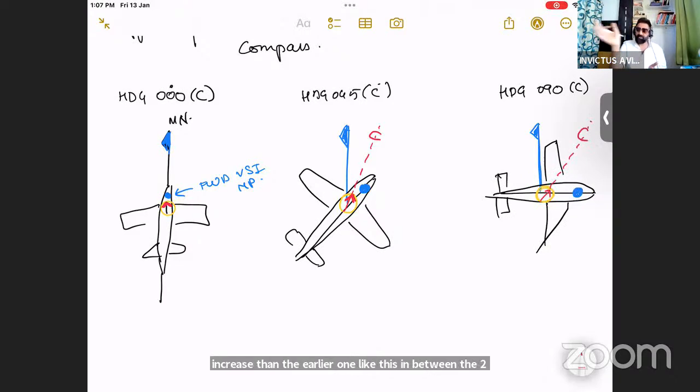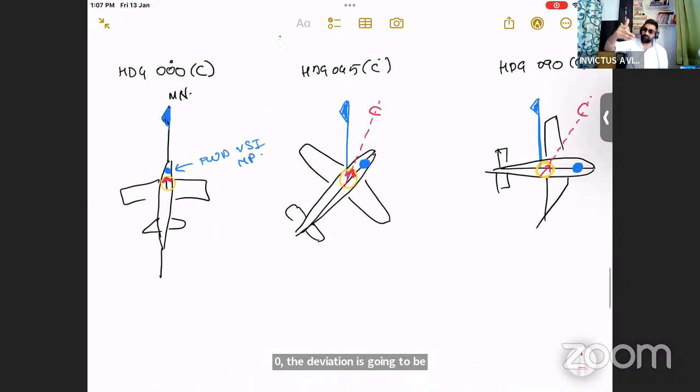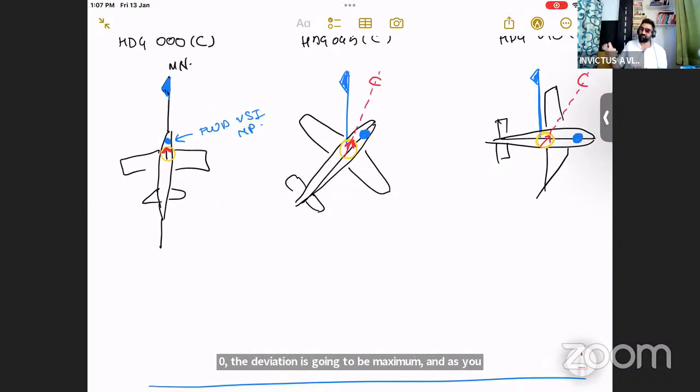So you see, as you go right to 90 degrees, the deviation will become maximum. So as the aircraft turns right towards 045, the deviation will increase. And by the time I reach 090, the deviation is going to be maximum. And when you increase your heading further from 90 to 135, 145, 155, your deviation value will start decreasing again.